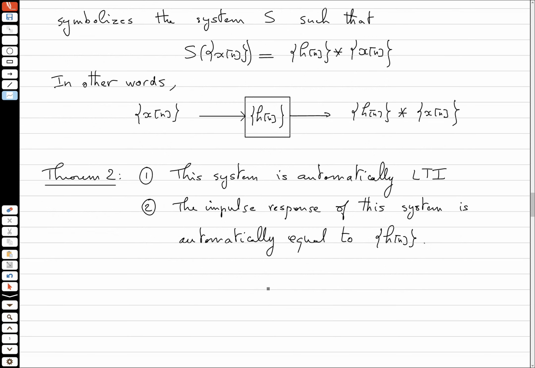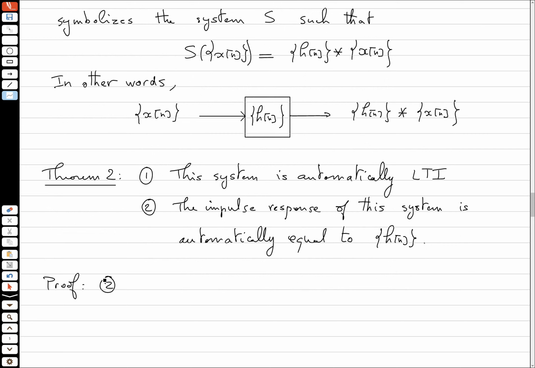I'm going to prove that. I mean, those who don't like proof, sorry, proof. But I'm going to prove property 2 first because it goes really fast. And we'll do property 1 later.